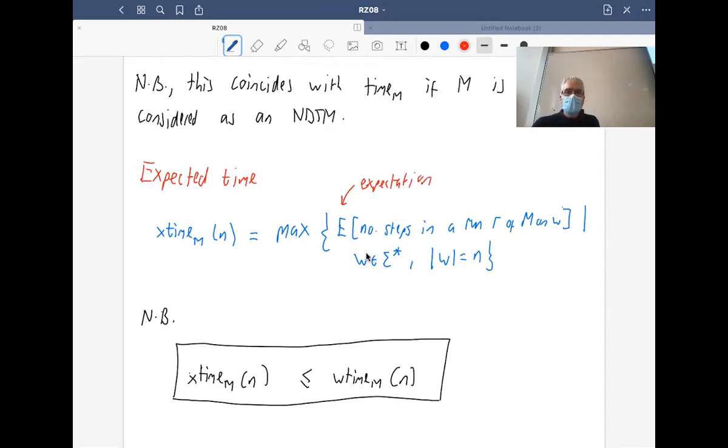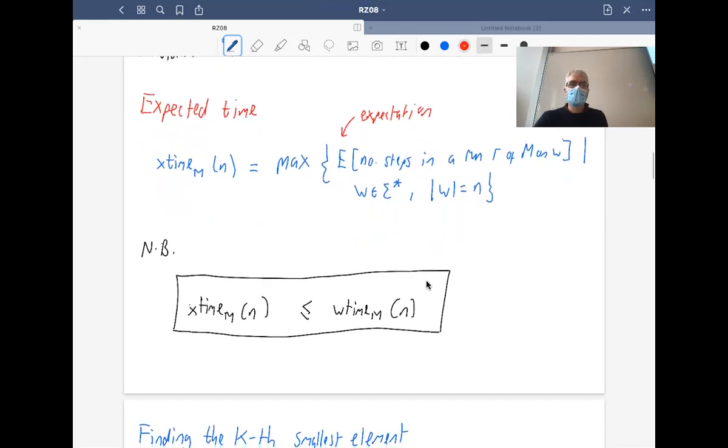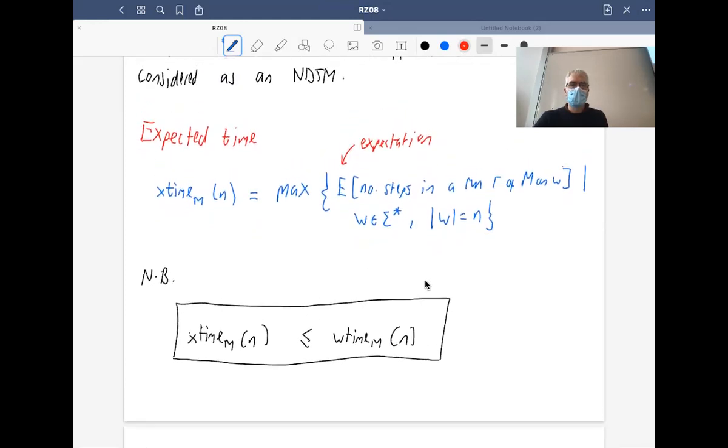So for every input W of size n, we look at the expected number of steps in a run R of the machine M on input W, which again may be infinite in some cases. One can have Turing machines that have an expected infinite runtime, but we're wanting to bound the computation time, so we're going to hope that it's finite. And in the case that it's finite, we just define the expected time to be the maximum of the expected runtimes on inputs W of size n.